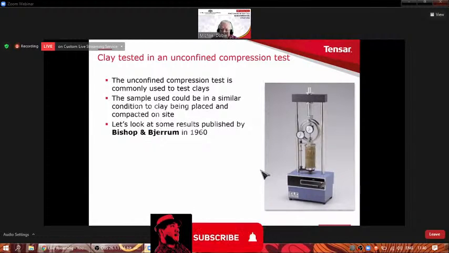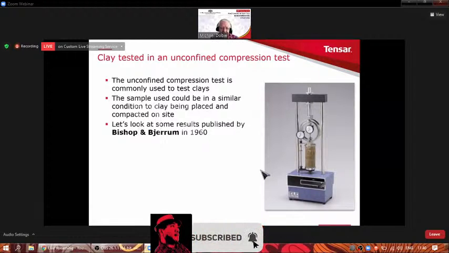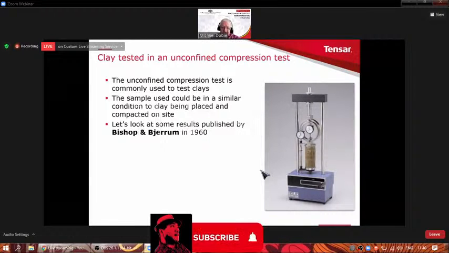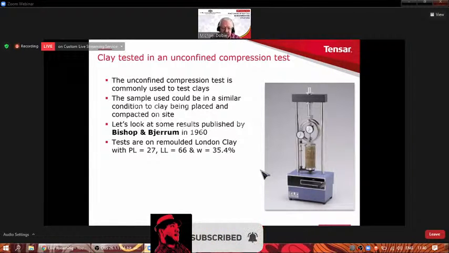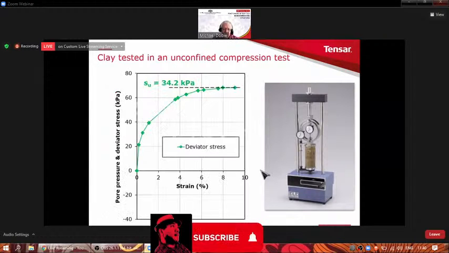I'm going to look at some results published in a very famous paper by Bishop and Bjerrum in 1960, where they present the results from an unconfined test on remolded London clay with the properties which you can see there. And here's the result. We have strain in the horizontal direction, and then the green dots show you the increase in deviator stress until the sample fails.